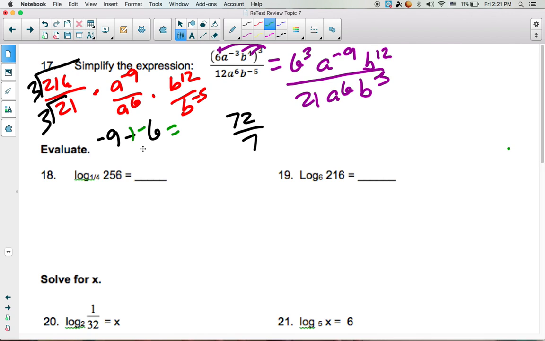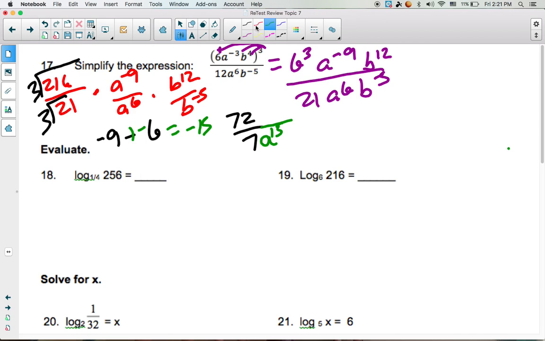So I have negative 9 plus negative 6, which is negative 15. Now, where is the a going to go in this fraction? Well, you go back to the original. I have a negative 9 and a 6, and you ask yourself, which number is bigger, 6 or negative 9? The 6 is definitely bigger, so the a will be in the denominator. And then we just ignore the negative, and we put a to the 15th power.